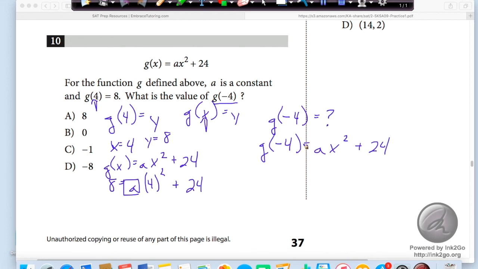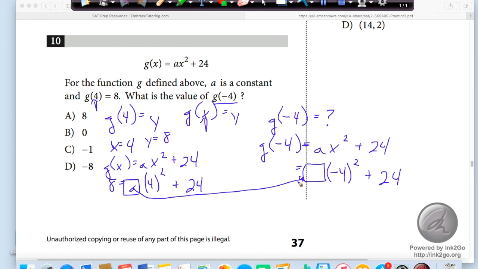And I can solve for this a because it's a constant, and that a can be plugged in to the other a. And then I know that this negative 4 is what x is, when x is negative 4, plus 24. So the real trick is, can I figure out how to solve for a, and then basically just plug it into the next equation.